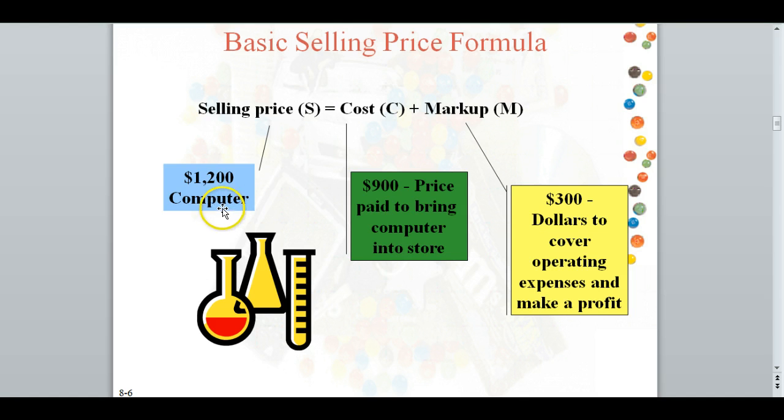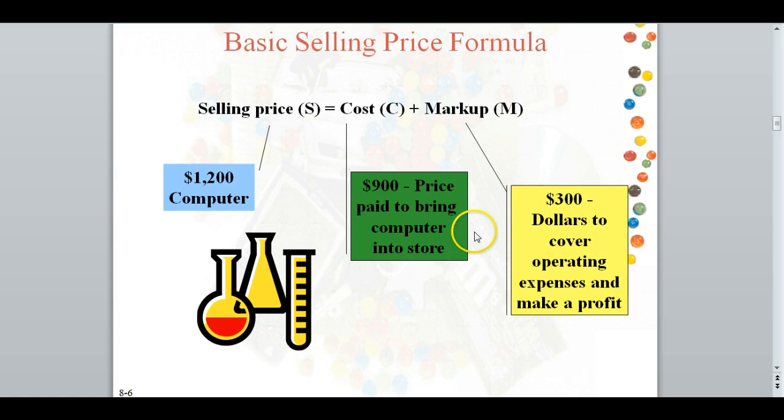So here's a quick example just to get you going. Remember, our selling price is what we're selling it to our customers for. So if we're going to try to sell it for $1,200, and we bought it for $900, then our markup would be $300.